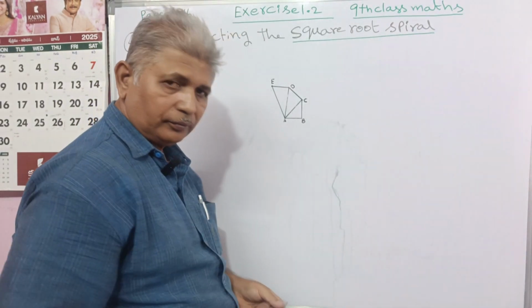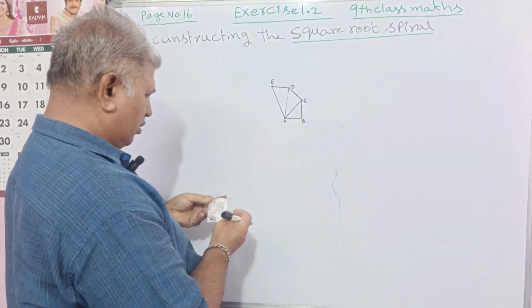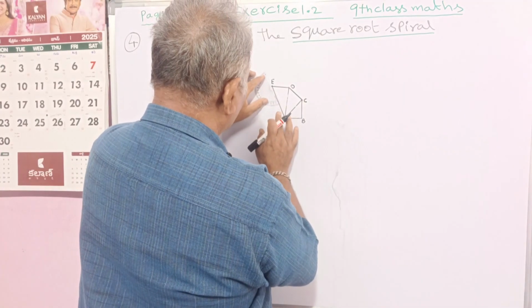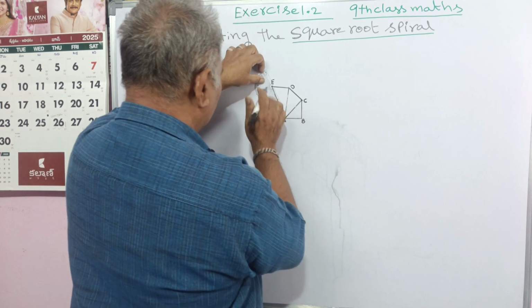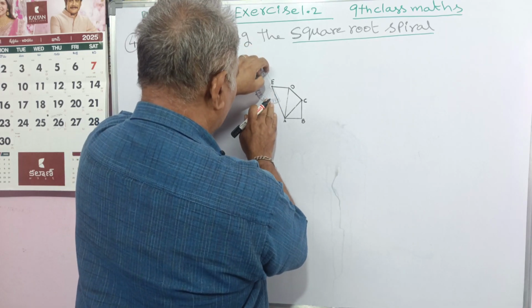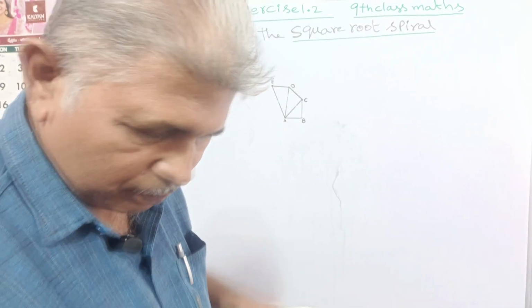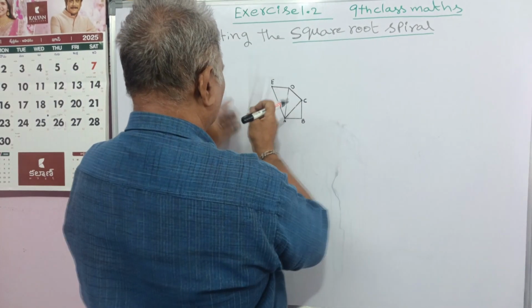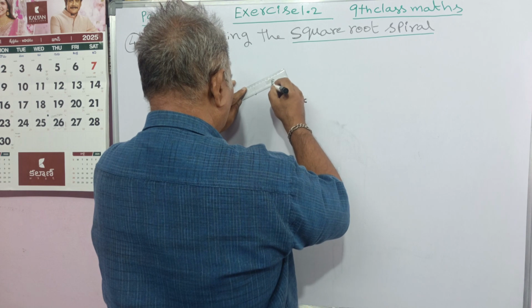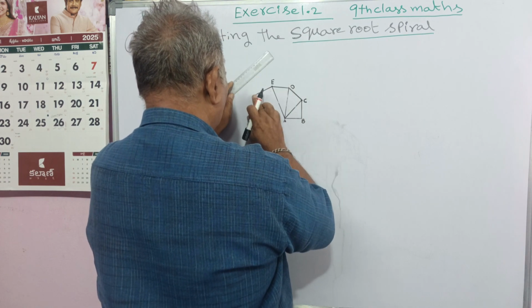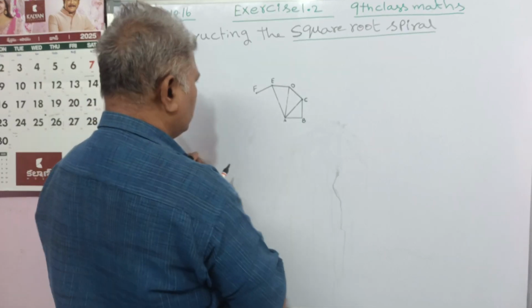Again, draw a perpendicular line to AE. This point is F, and join AF.